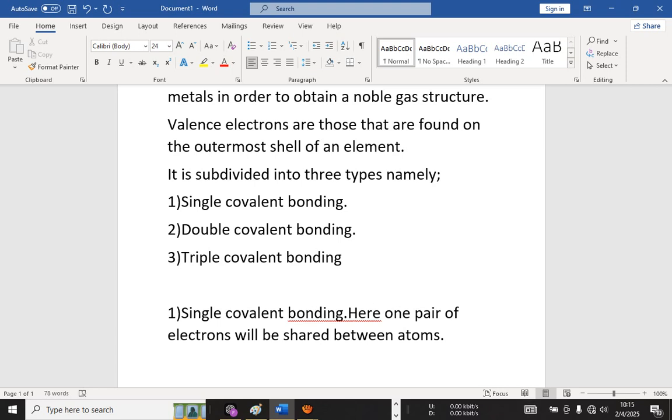Remember, when you know the valence, you know the ions, you know the electrons the elements will either lose, gain, or share. In single covalent bonding, only one pair of electrons will be shared. Let us understand this. Let us take for example the hydrogen molecule.